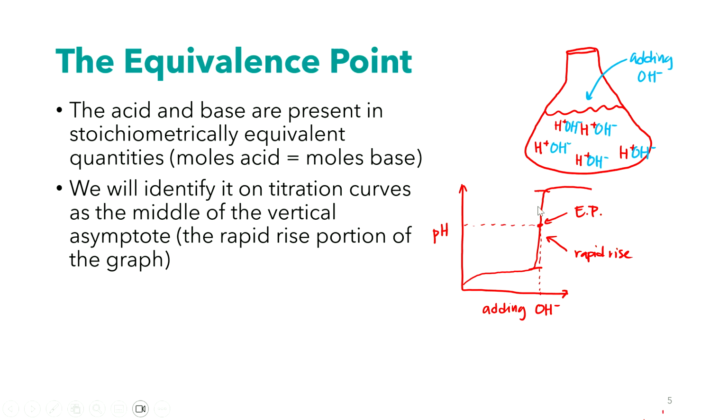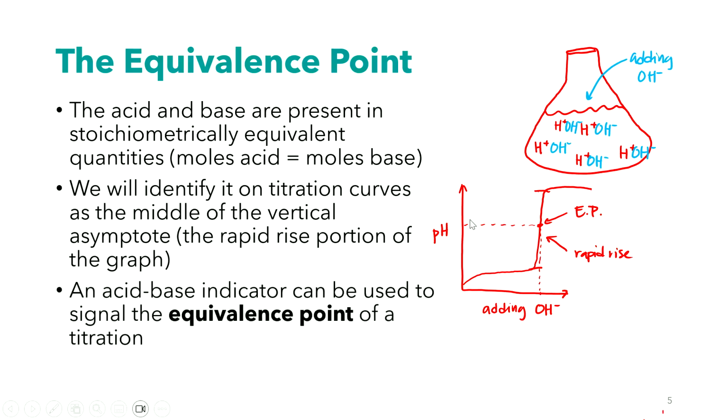The other thing we might do, as I mentioned on the other slide, is put in an acid-base indicator, something that changes color at that EP. That can also be a signal.